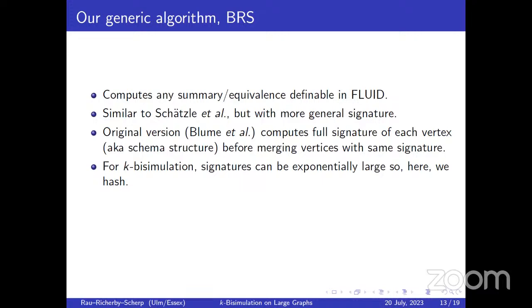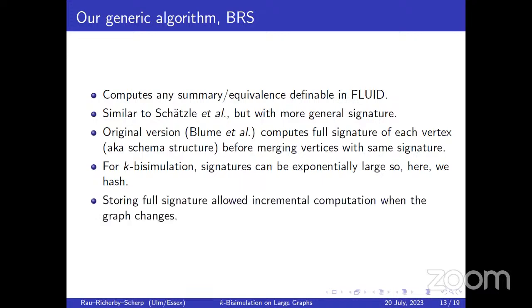And one thing that we want to do there is track the complete type of the vertex, but that basically involves saying, what is the subgraph centered on this vertex, which could be exponentially large in K. So for this work, we're going to hash it. We had reasons to store that entire structure before. It's not just because we didn't notice it could be exponentially big or something.